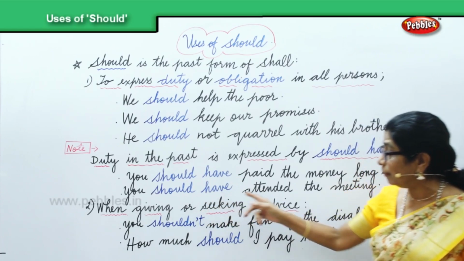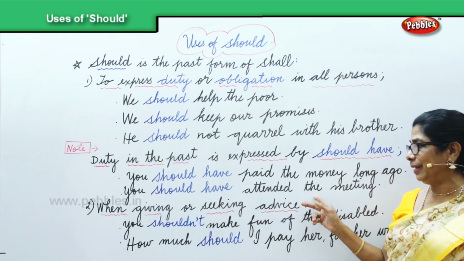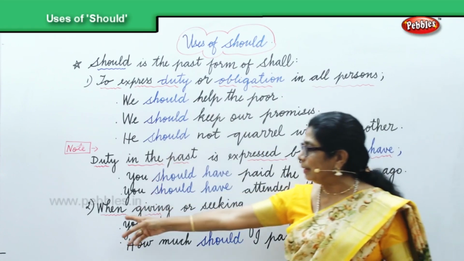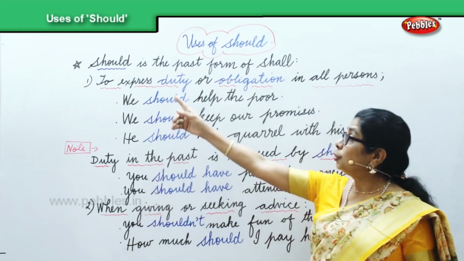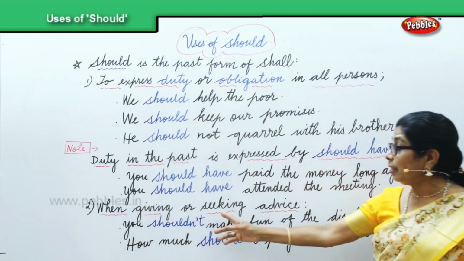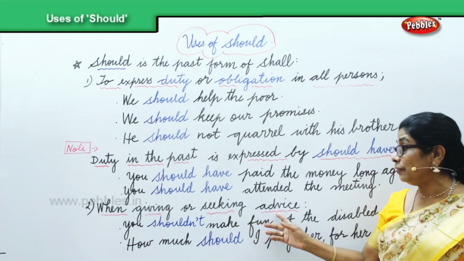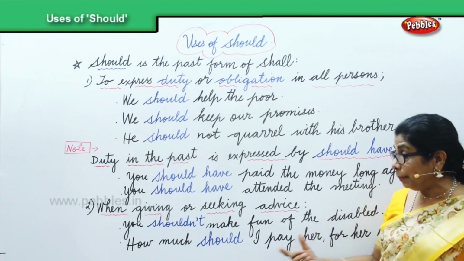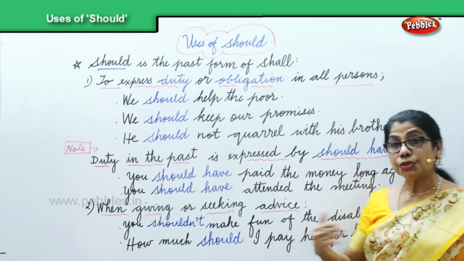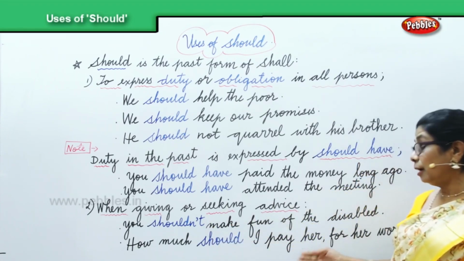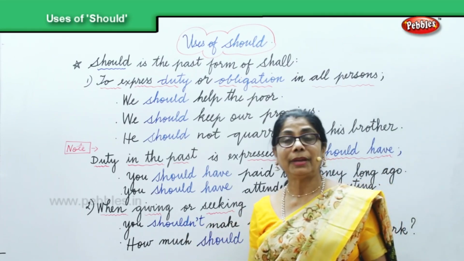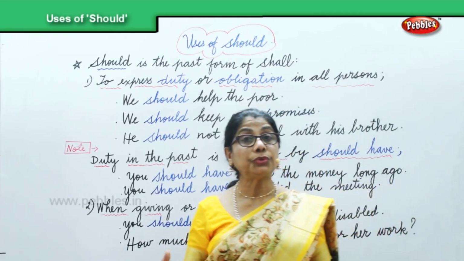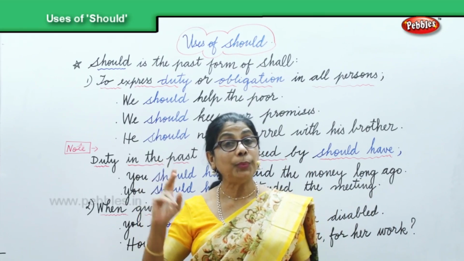You should have attended the meeting. Then in the second category, should is used when giving or seeking advice. You shouldn't make fun of the disabled. How much should I pay her for her work? Now we have two more uses of should.